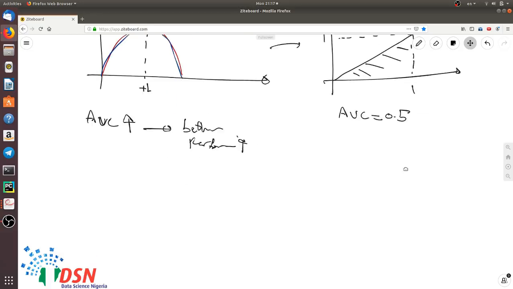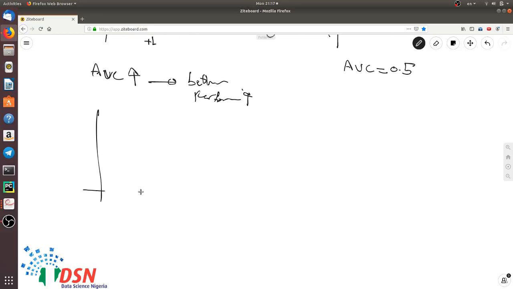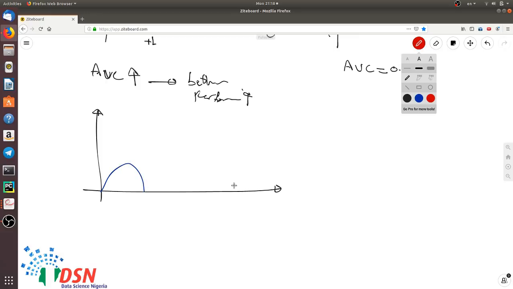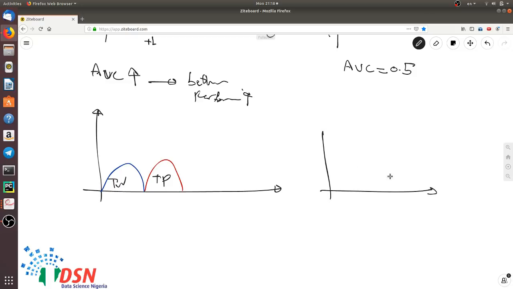To see this, we could have a scenario where we have this kind of distribution that we can perfectly separate. Here we have true positive, and here we have true negative. If you plot the ROC, you have something like this.